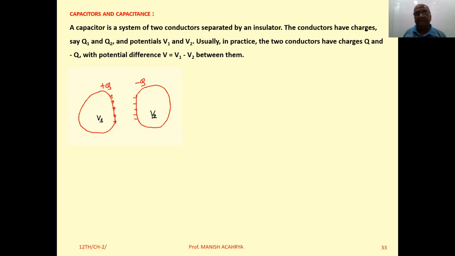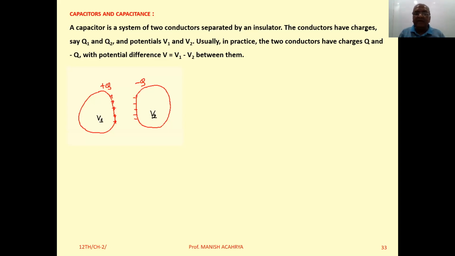Then the potential difference between these two conductors is given by V. And when we say the charge of the capacitor, then we have to write the charge on the capacitor, that is Q.